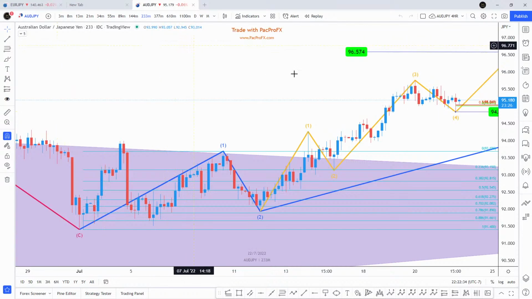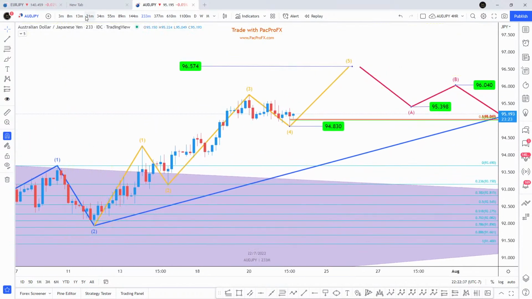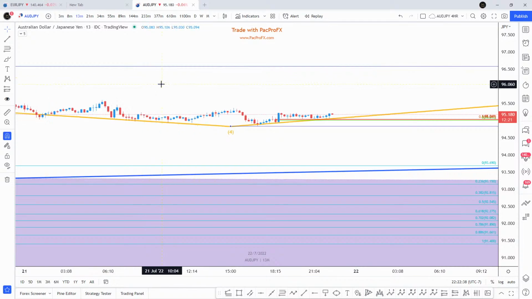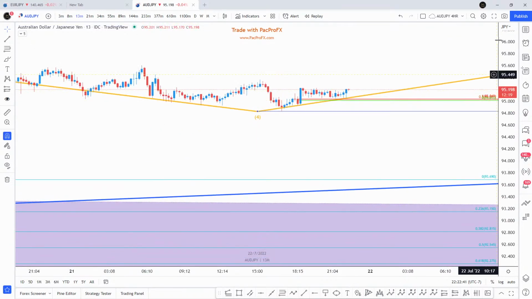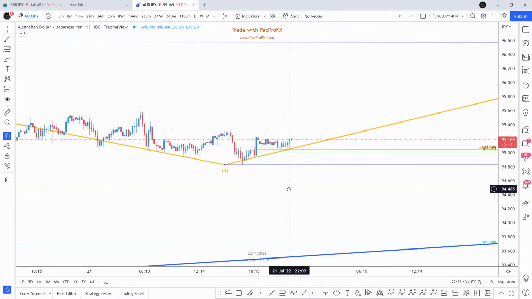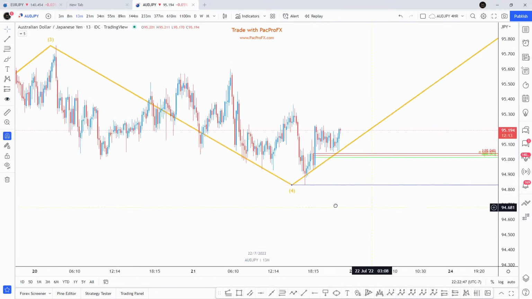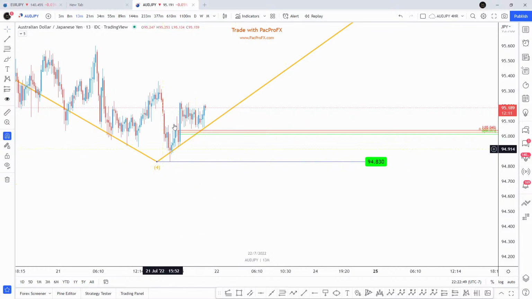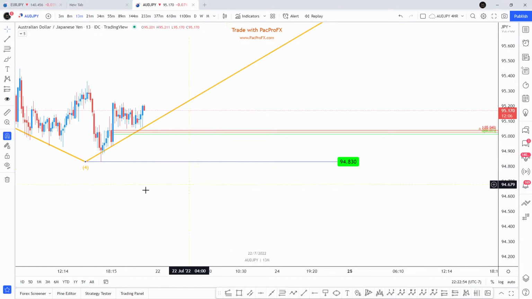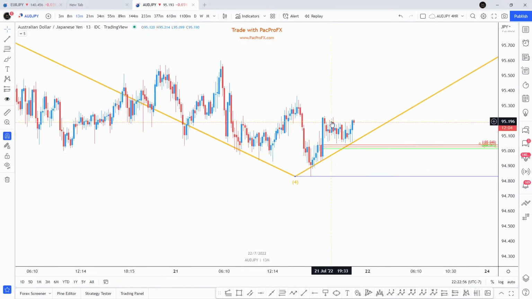Alright, and let's go to a smaller time frame, like a 13-minute or so. Whenever I'm getting a little bit more surgical on these trades, I go to a lower time frame. I was expecting this to come down a little bit more, but I think this is all we're going to get, but it has not taken out these highs yet.